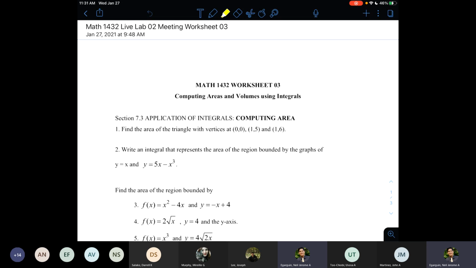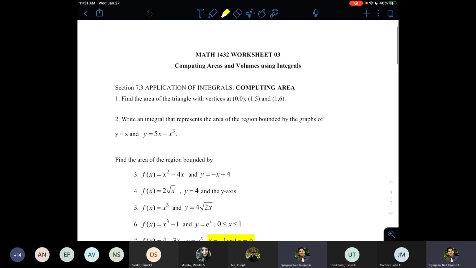Okay, worksheet number 3. Worksheet number 3 covers an application of integrals, in particular in computing areas and volumes using integrals. You started with section 7.3, I believe, in the lecture last Monday. So let's answer some of the problems there.